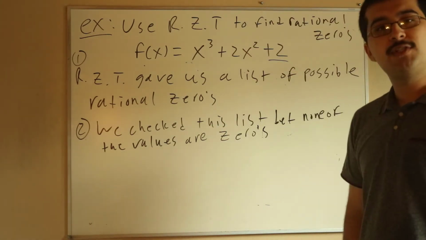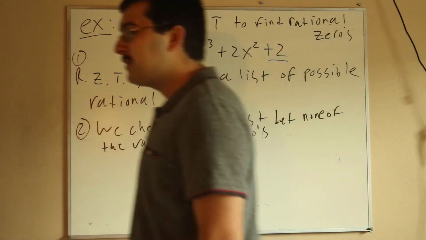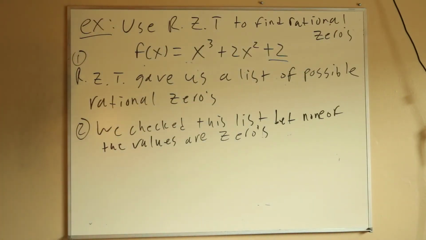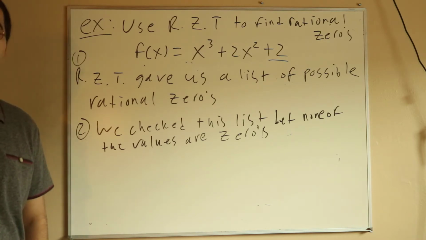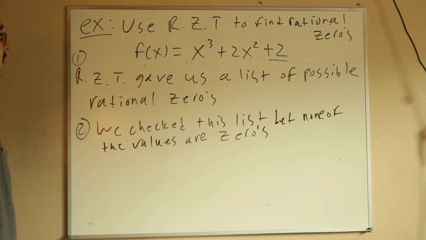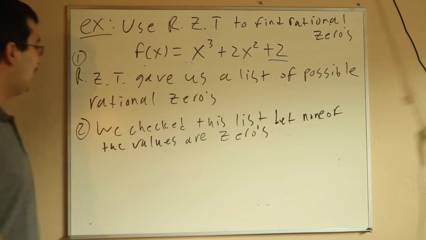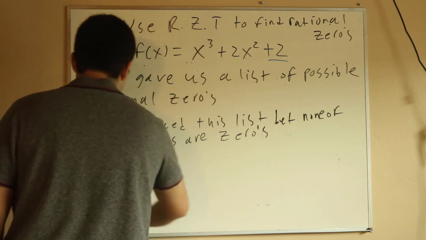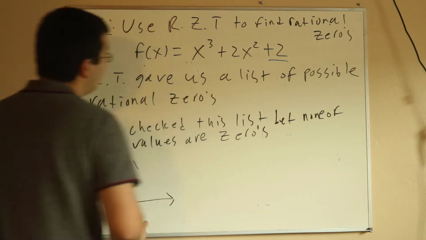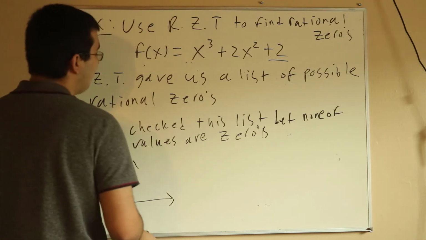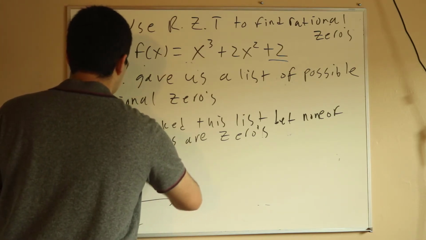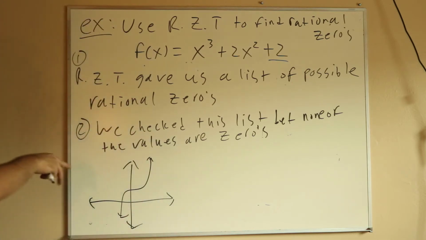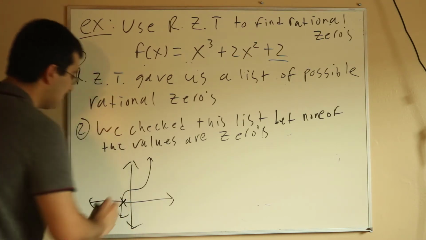So what does that leave us to conclude? Does that mean this function has no zeros? Well, no. And how can I know that pretty easily? Well, just graph that function. I'm making no claim that's what the graph looks like, but I guarantee you when you graph this function, it will cross the x-axis.